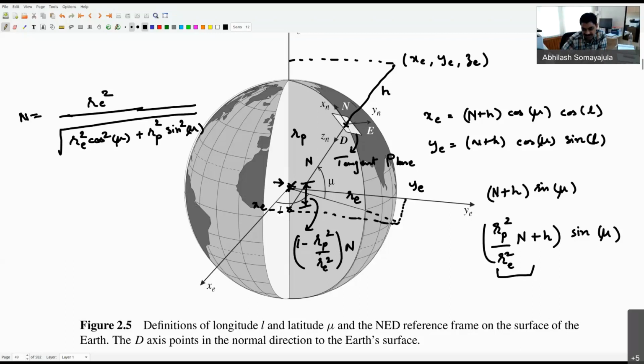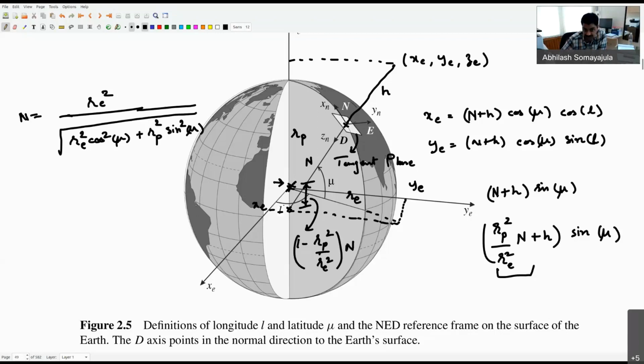Is that making sense? That distance is coming primarily because it's not a sphere. It is an exaggerated picture, so this distance is looking much larger, but the distance will be very small. Anand, making sense?